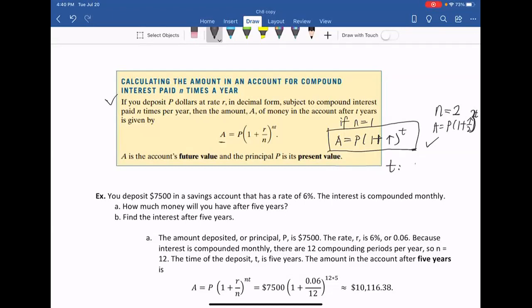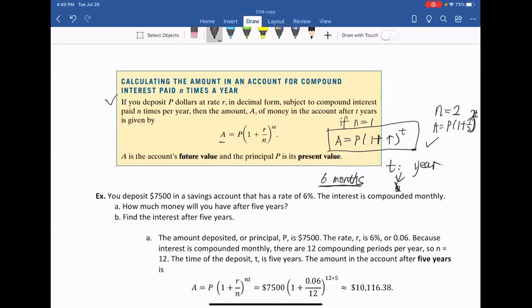The unit is year. So if the question says after 6 months, what's the future value? The 6 months is not 6 here. It's not 6. That's half a year.